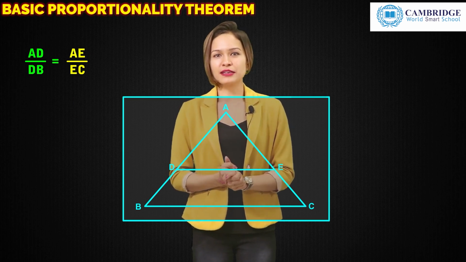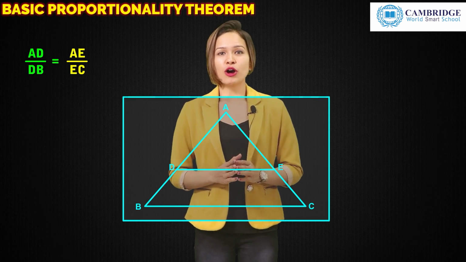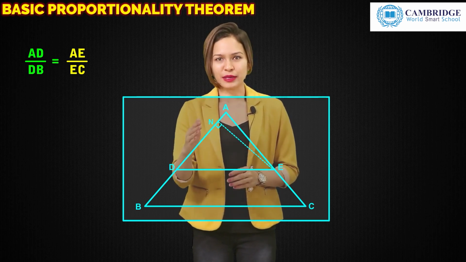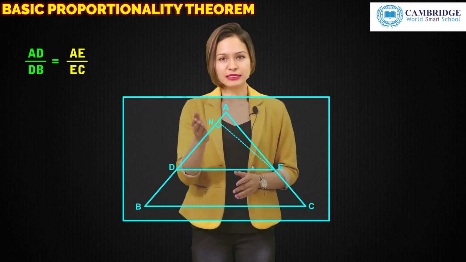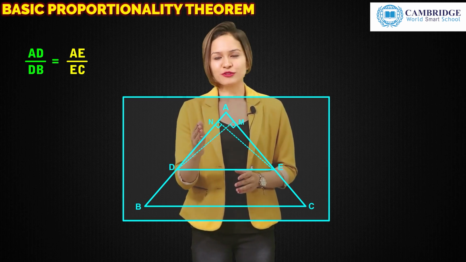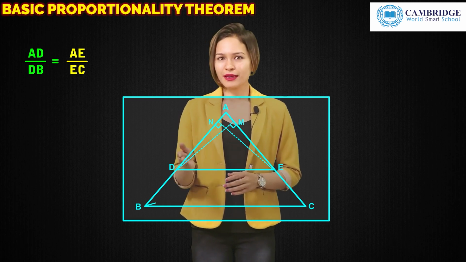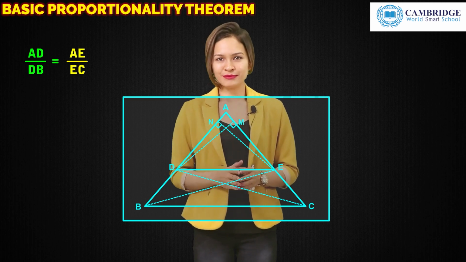Before proceeding ahead, we need to do some construction. We will draw a perpendicular EN from E to side AB. Similarly, we will draw another perpendicular DM from D to side AC. Now, join B to E as well as C to D.